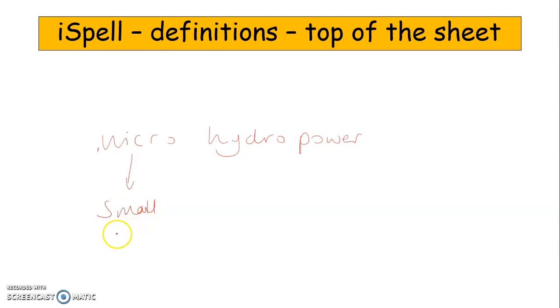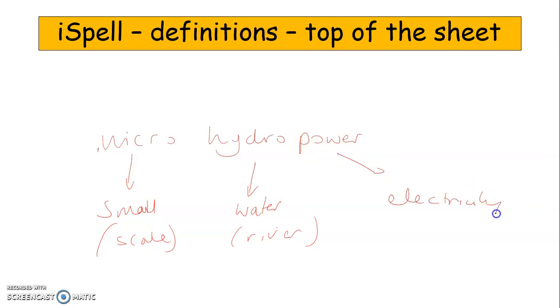And in the instance here, we're talking about the scale of it being very small. Hydro meaning water. And in this instance, what we're looking at here is a river. And power, well, obviously, we're talking about electricity for this one. So this is basically a small scale scheme to create electricity. And when we say small, what we actually really mean is local, one that's only going to benefit local people and not round the world.